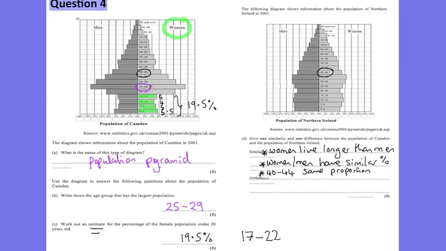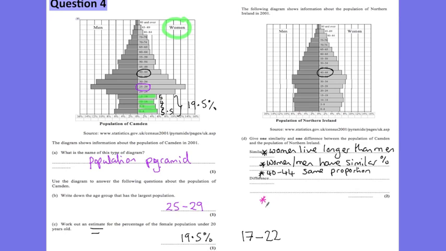Here we have a smaller part underneath our age group. So the children in Camden, there is a smaller proportion. Whereas here, the children are in about the same proportion, the 0 to 4-year-olds about the same as the 50-year-olds. So it's more evenly distributed.